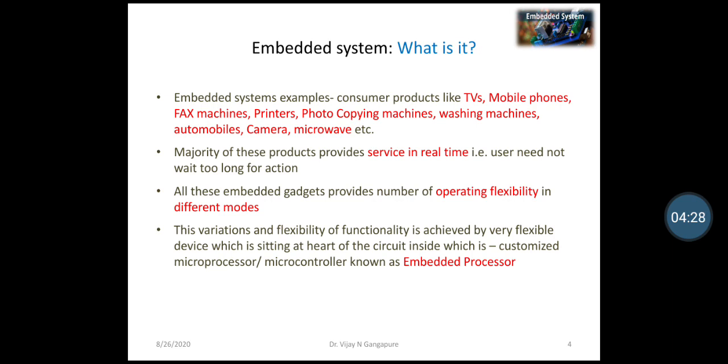At the heart of any mobile phone you will have its processor, which controls all the operations of that mobile phone, or whatever features that mobile phone is offering. So it controls the operation of these features. So that is called embedded processor.